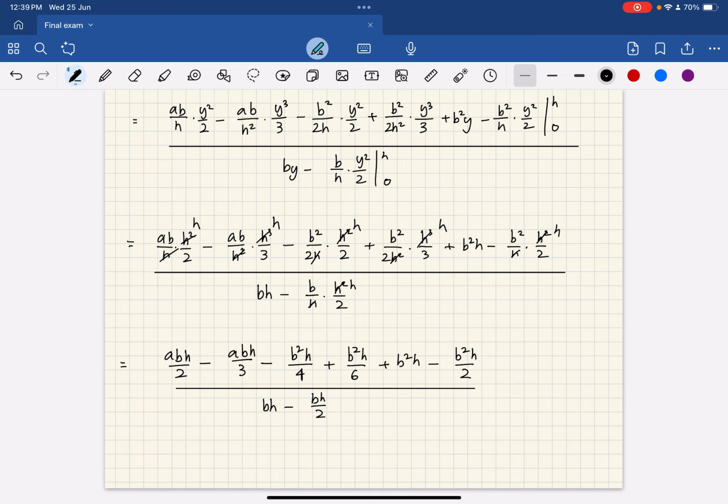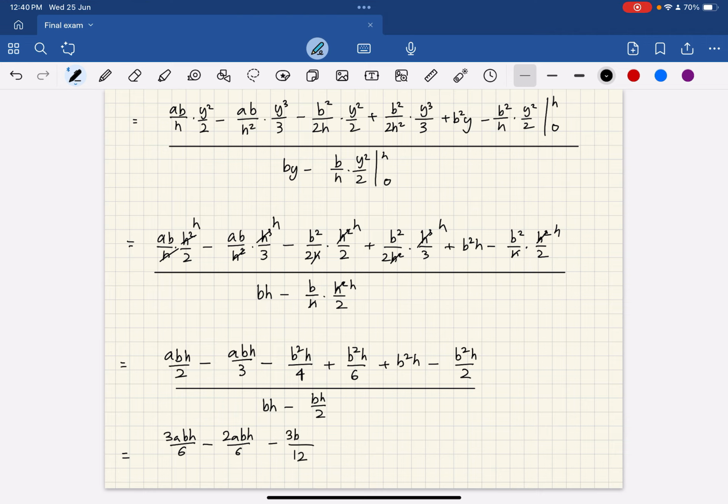So I think we can see some interesting patterns right here. Now let's try to simplify this stuff, yeah? So this is half minus 1/3. So you can say this is just 3ABH over 6 minus 2ABH over 6. Okay. And this is b squared h over 4 and 6. I think the common term would be 12. We can do 12 here.